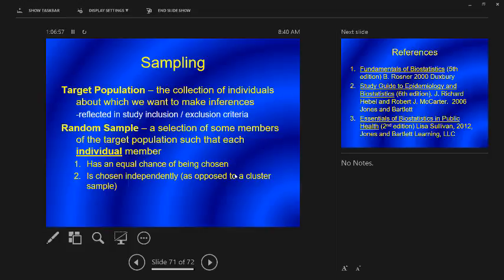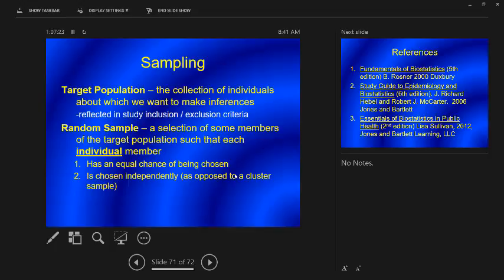A simple random sample is defined such that each individual member in the target population has an equal chance of being chosen and is chosen independently. Those are the two ways to define a simple random sample. Every unit in the target population has an equal chance of being selected in your sample, and every observation is selected independently from each other.